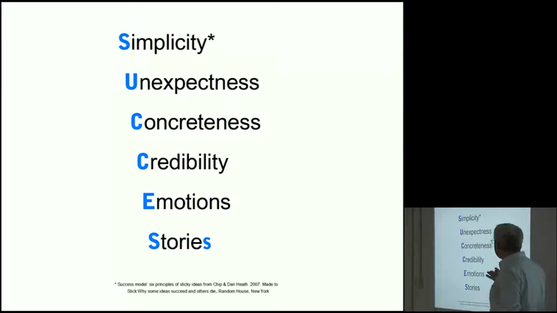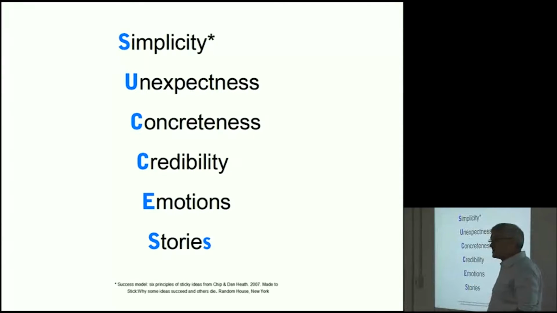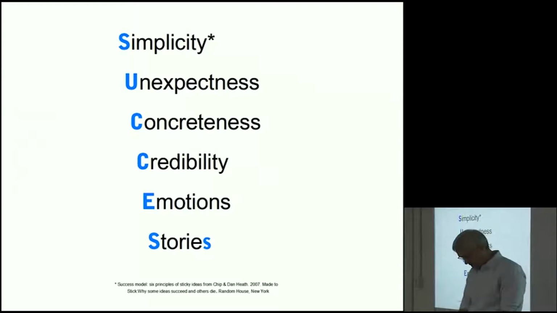So it's simplicity, unexpectedness, concreteness, credibility, emotions, and stories. Today I don't have enough time to cover all six subjects, so I have chosen simplicity and stories today to provide some more information for you in terms of preparing your presentation.